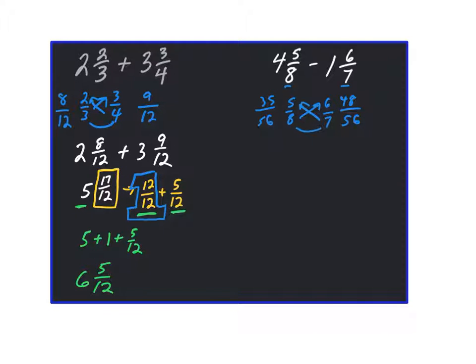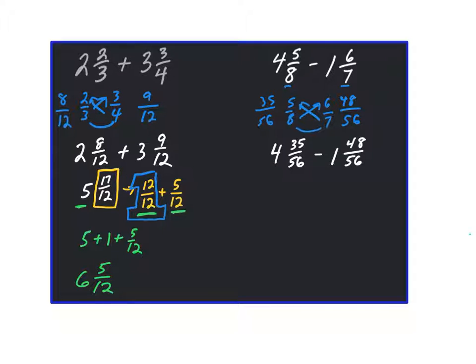And now we have 4 and 35/56 minus 1 and 48/56. Oh, looks like we have an issue here. Our issue is that we cannot take 48/56 from 35/56, so we will need to borrow.